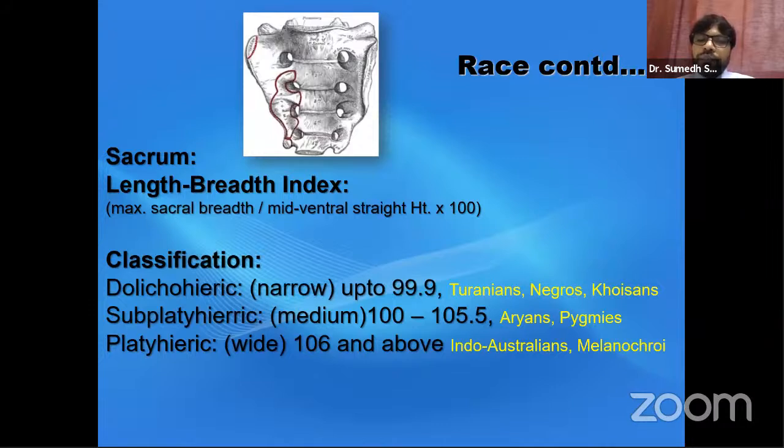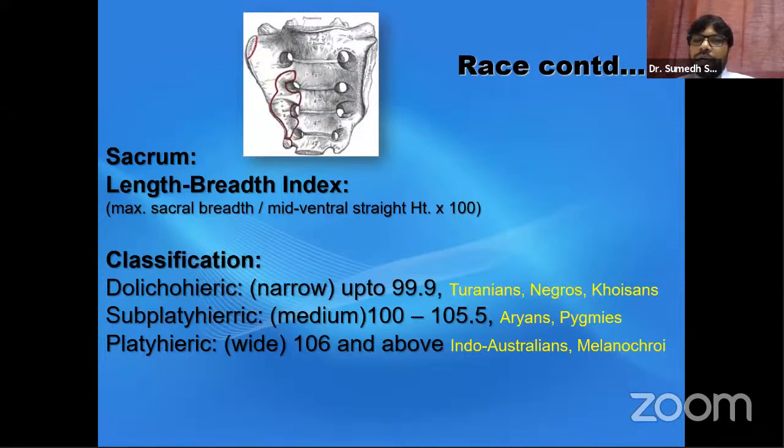Here, heart shape is android, oval shape is gynecoid, and anteroposterior oval indicates anthropoid type of pelvis. Another one is the platypelloid pelvis, which is observed in the duckbill platypus.